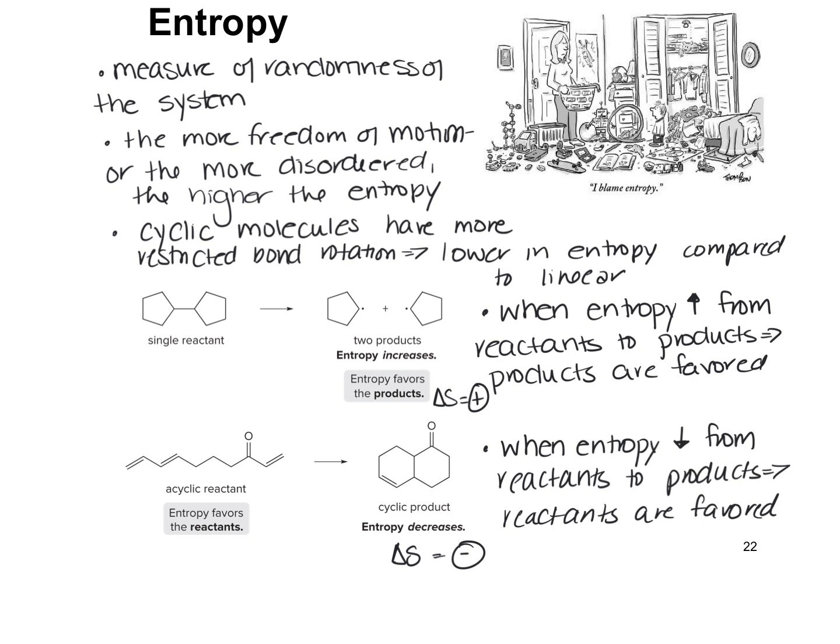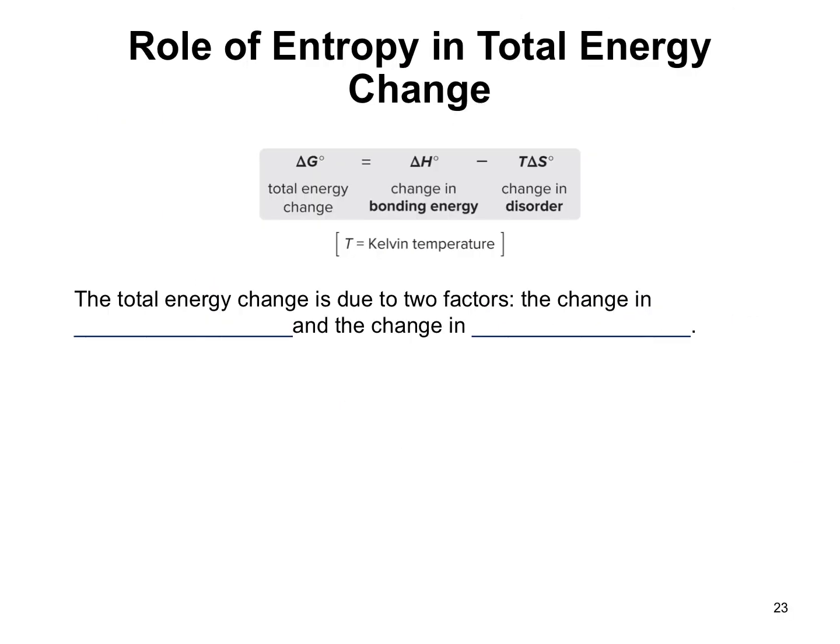But it is something we have to take into account when we're deciding if the reaction is going to be favorable. And so delta G, as I mentioned previously, takes into account the entropy, the temperature, because as temperature increases, the molecules move faster, so there's more motion, as well as the enthalpy, that change in bond energy.